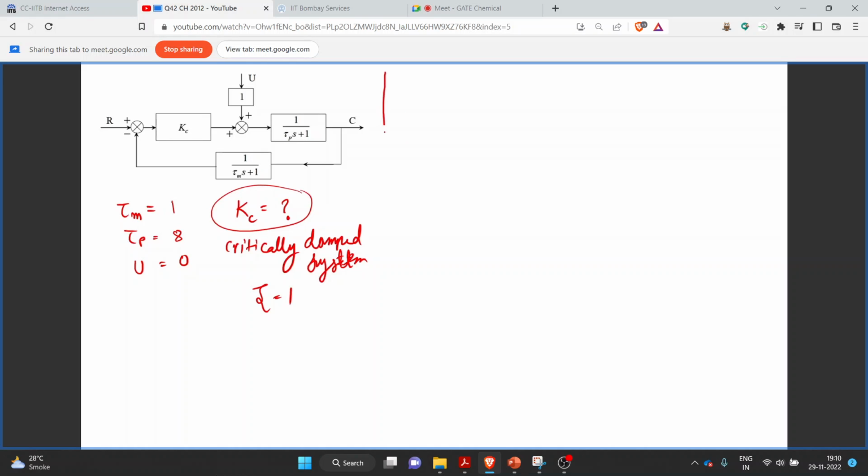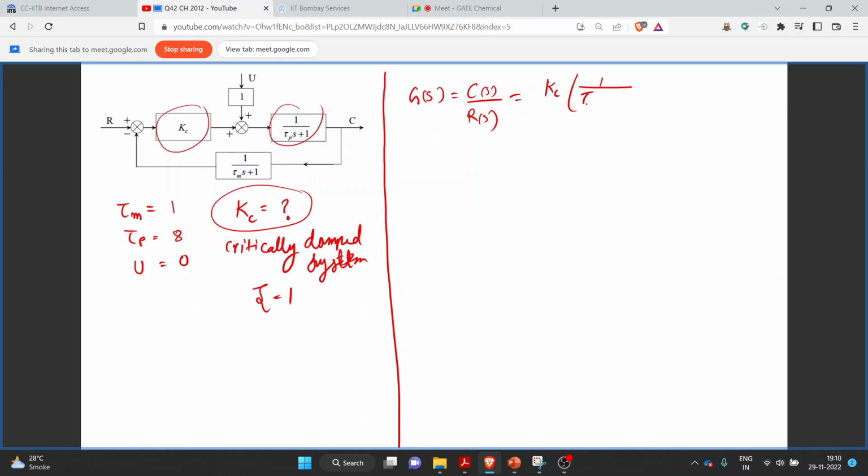So let's write the transfer function of the system. Since the value of u is 0, we can write G(s) as C upon R(s), or the transfer function of this entire block diagram can be written as: the numerator will be the multiplication of these blocks, that is Kc into 1 upon tau p s plus 1.